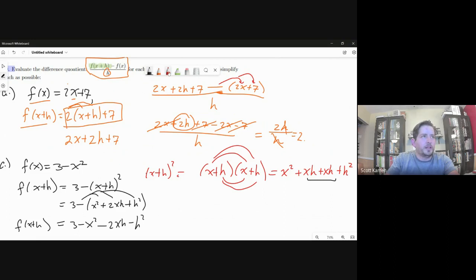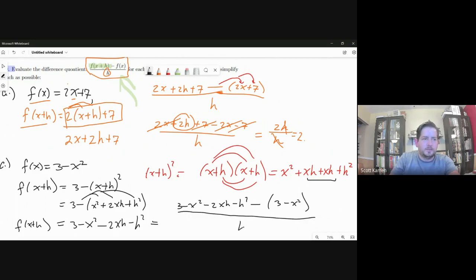So once again, putting it into the difference quotient, which is again up here, this is f of x plus h minus f of x. So I'll write f of x plus h. Minus f of x, but that's minus 3 minus x squared. And then that's all over h.